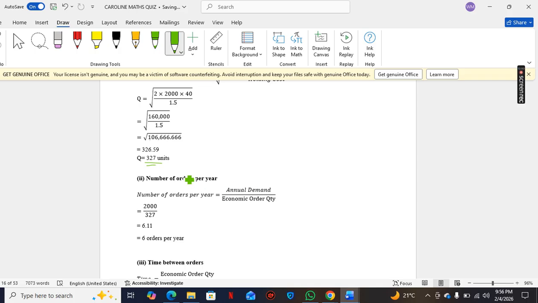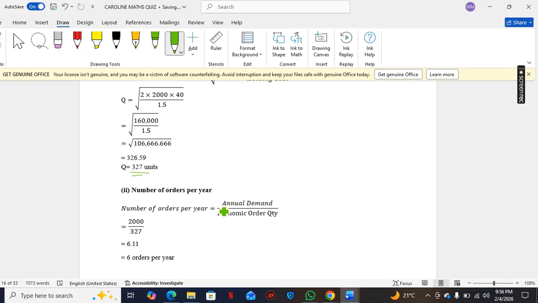Yes, the number of orders per year is just the annual demand divided by the order quantity. In this case, this order quantity is this optimum order quantity. This is the one that we're going to use. Annual demand divided by the economic order quantity.